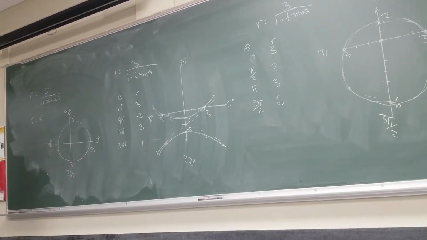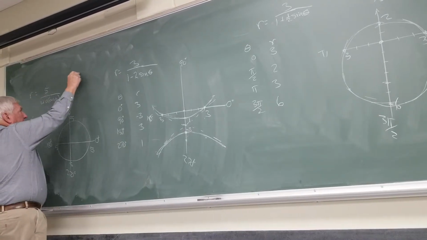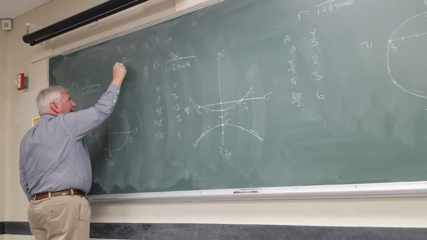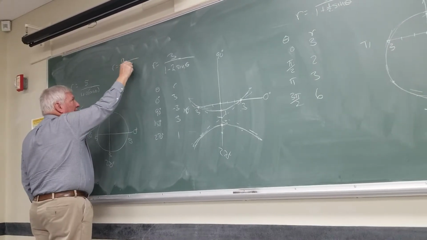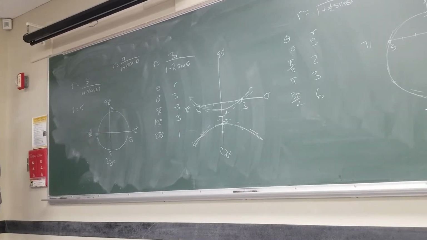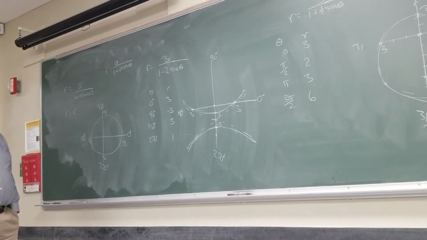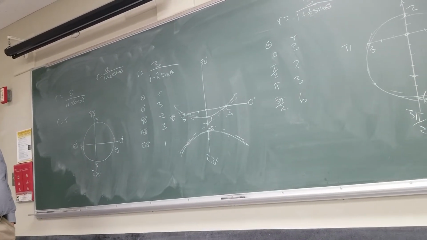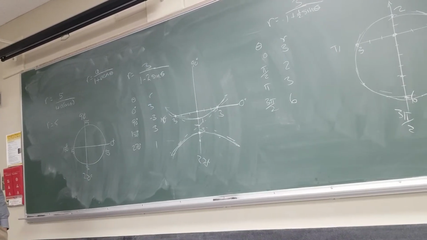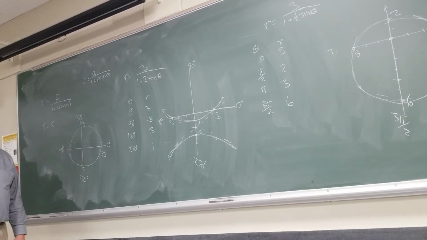So there are 4 conic sections based upon the one formula. R is some amplitude over 1 plus or minus E times the sine or the cosine of theta. Using sine, they tend to be oriented vertically. Using cosine, they tend to be oriented horizontally as far as the directions they go. But again, you can plot points.